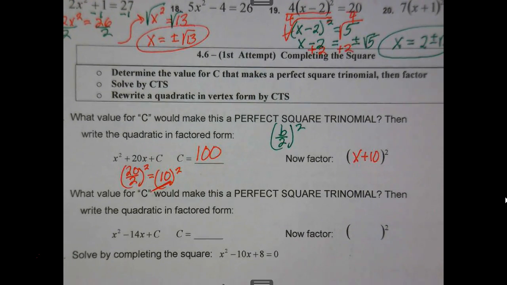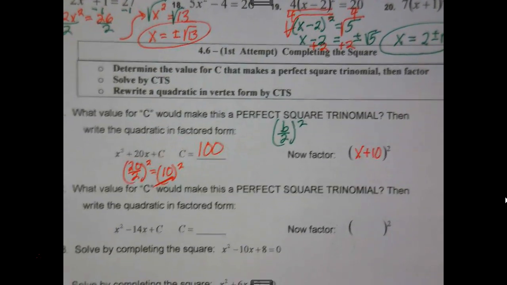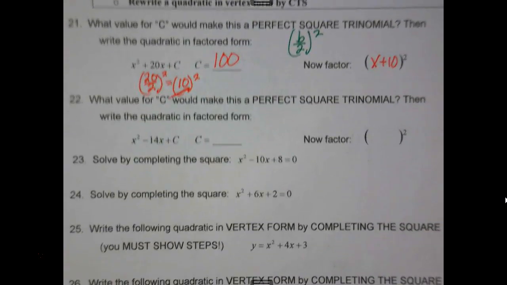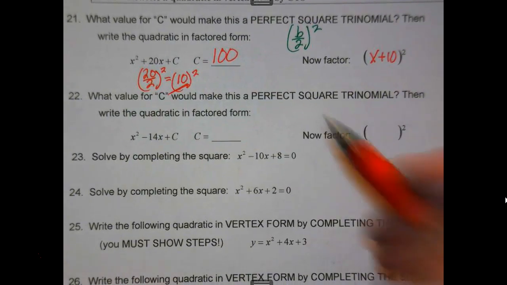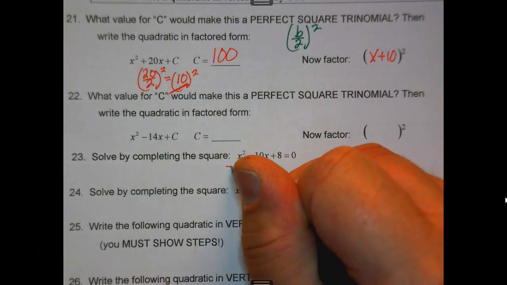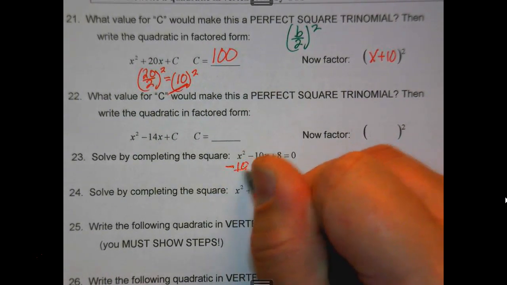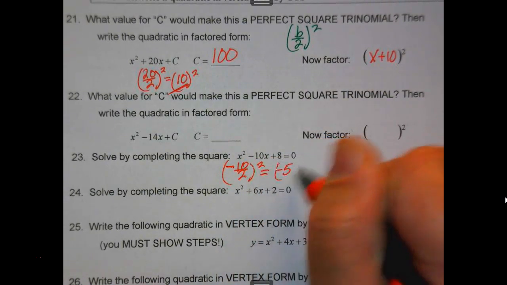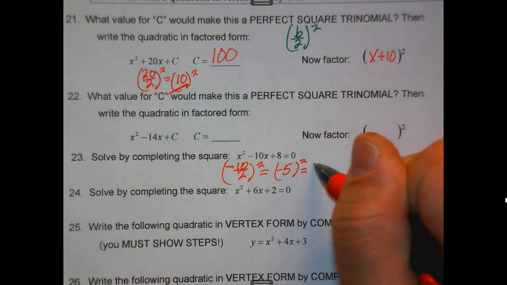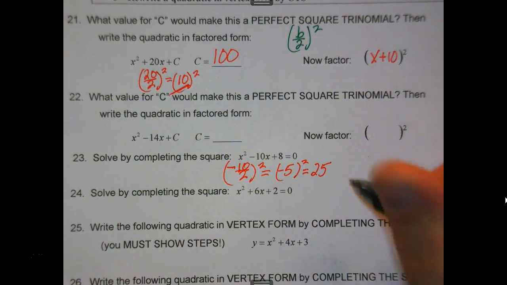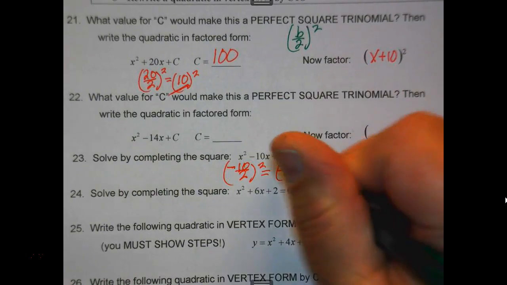Number 23. Solve by completing the square. What we did yesterday, right? Last couple days. We take half of b, negative 10 divided by 2 squared, negative 5 squared, which is 25. So I have, and then I have to subtract 8, remember?